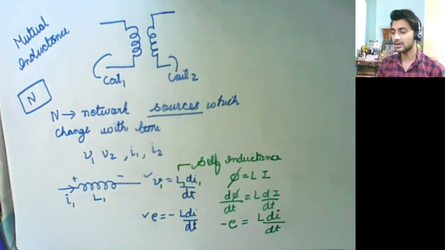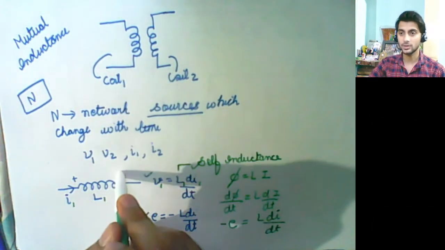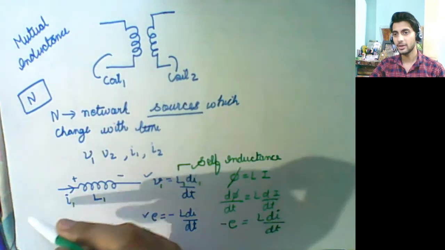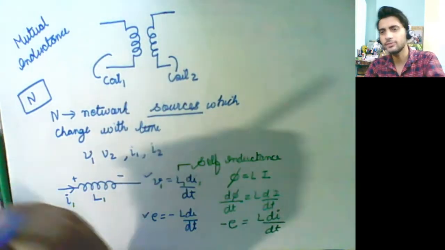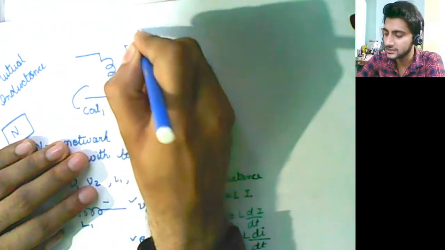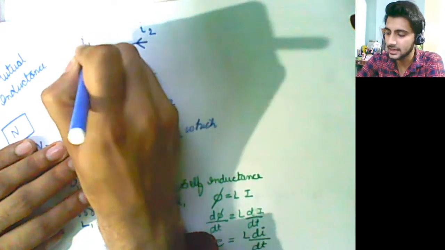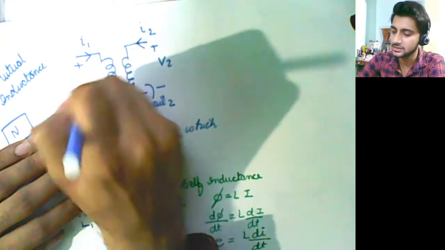But remember over here that this L is the property of the same coil, because I1 is a current flowing through L1. This is not the concept of mutual inductance. Similarly, if you have over here coil 2, and let's say I2 is the current that flows through it, I1 is the current that was flowing through the first coil, this is V2 and this is V1.